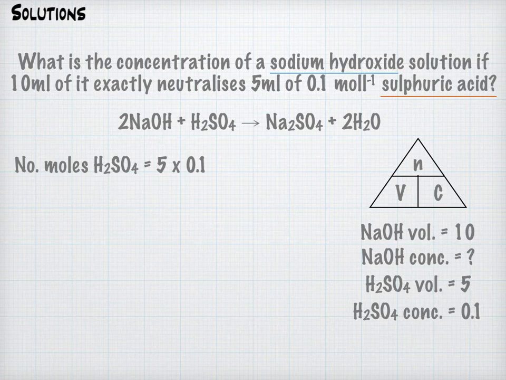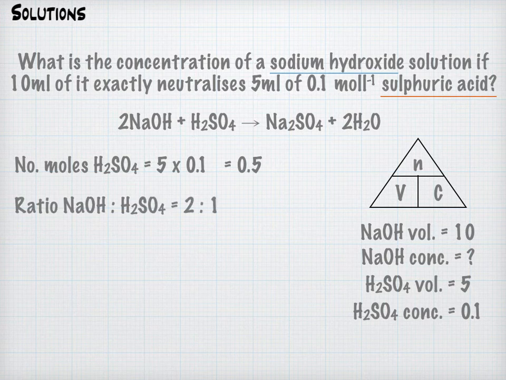I'd have to make the volume 0.005. But park that thought for a moment, okay? And just imagine for a moment that instead of millilitres there, it says litres, okay? You'll see why this works in a moment, I hope. Okay, so I've worked out the number of moles of sulfuric acid at 0.5. Absolutely, of course, it's really 0.005, but we'll worry about that in a moment.